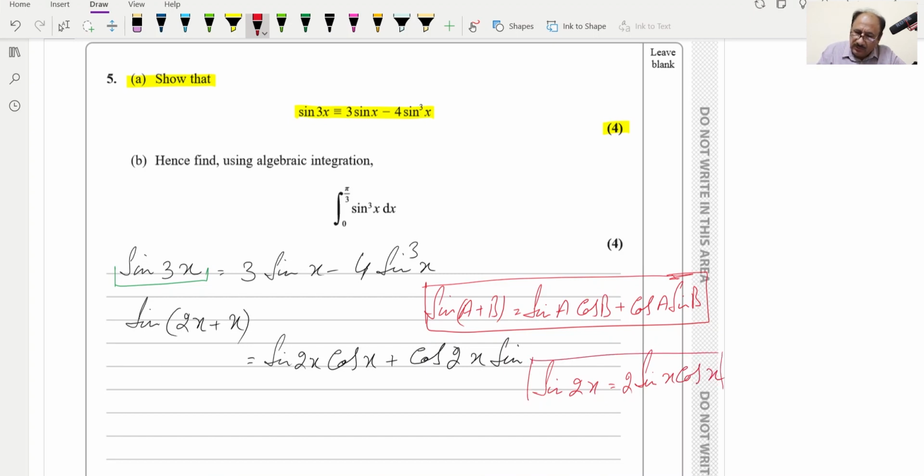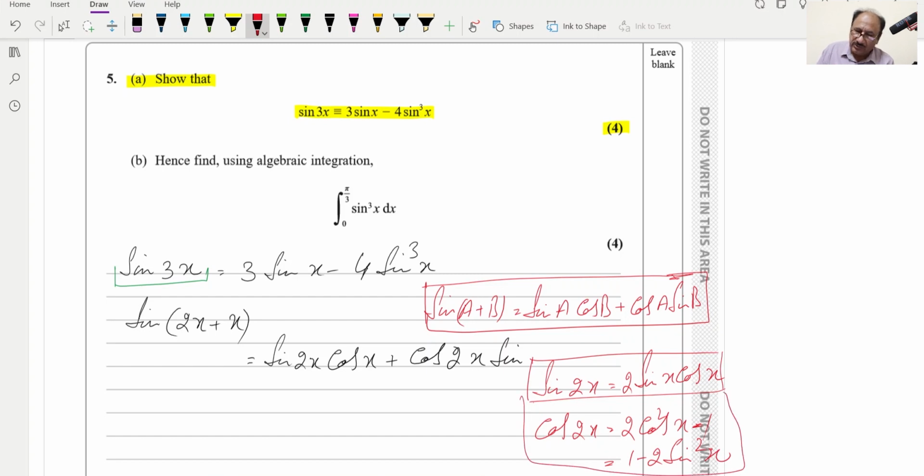This result we can use, and we can basically write down cos 2x also, and cos 2x will be equal to 2 cos square x minus 1. Or this one can be written as 1 minus 2 sine square x.